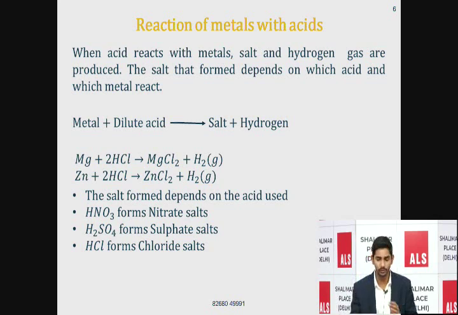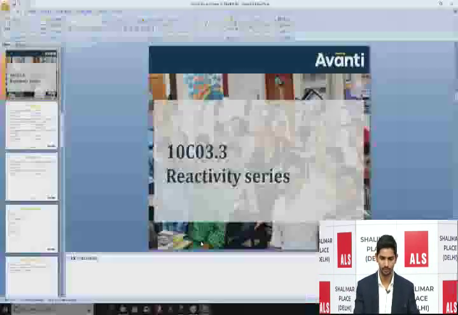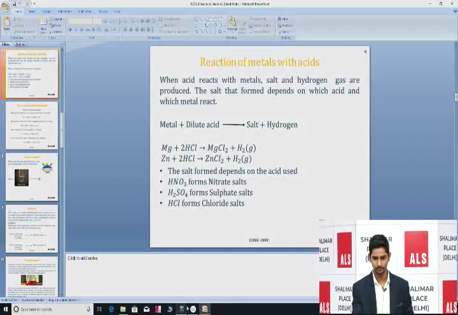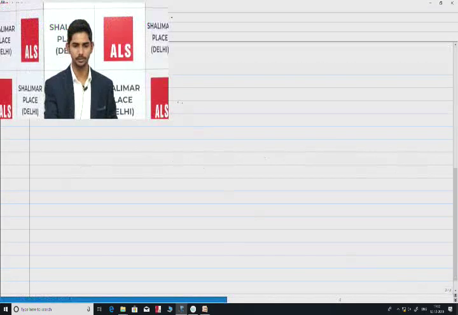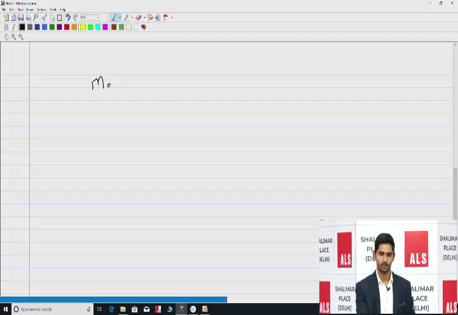See, I'm telling you how to write the answers. Let's say this is the metal, Mg, and this is HCl, which is an acid.